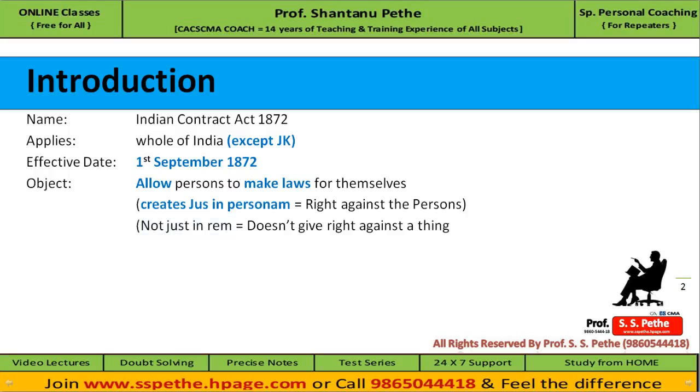इसका मतलब this act does not give right against things, but it gives the right against the person. Let's try to understand this concept, this object, with the help of a diagram. Suppose there is a particular thing which A is having, and B wants to purchase this thing from A. In return, B will give him 100 rupees.